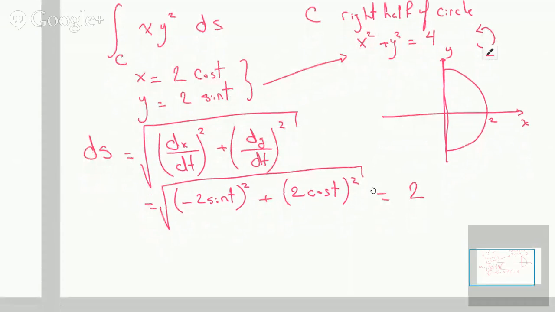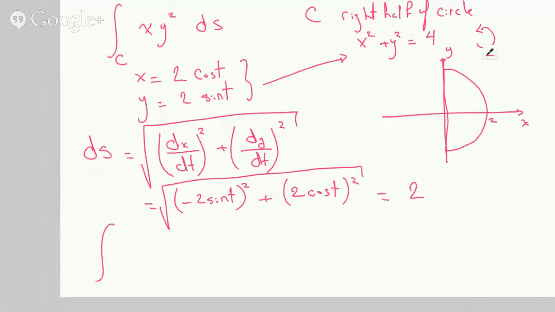So now we substitute in the line integral, and we get x to be 2 cosine t, and y squared is just 2 sine t squared, and ds turned out to be 2, and of course we have a dt.